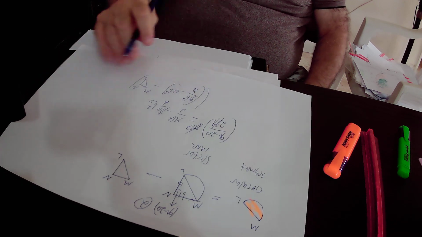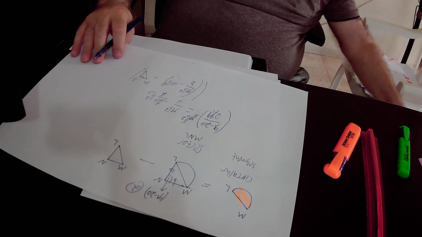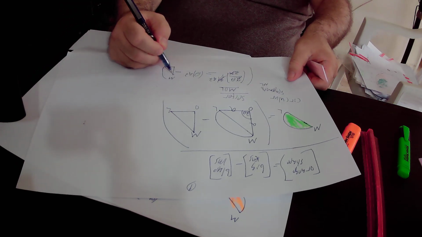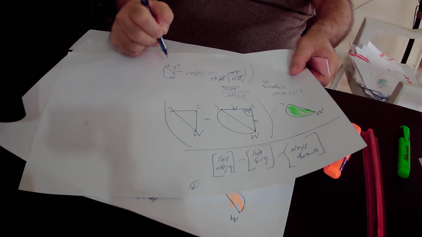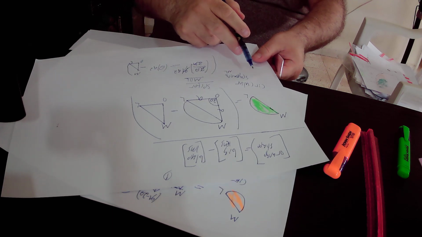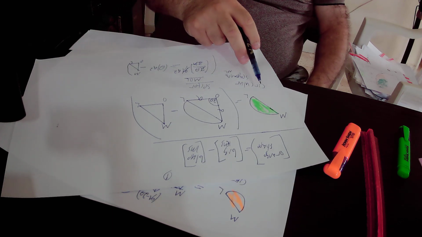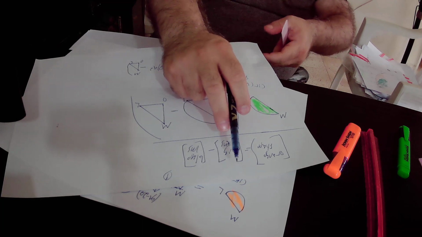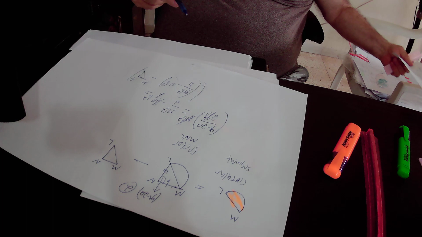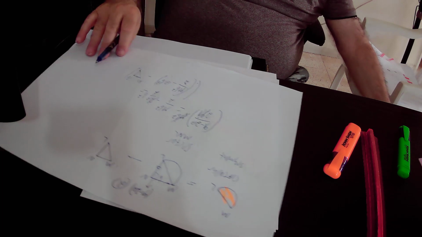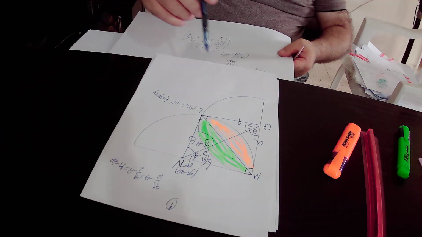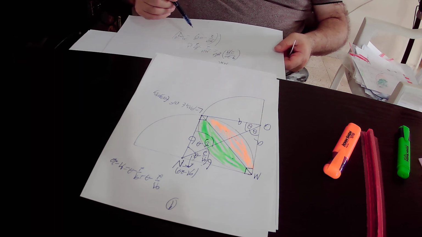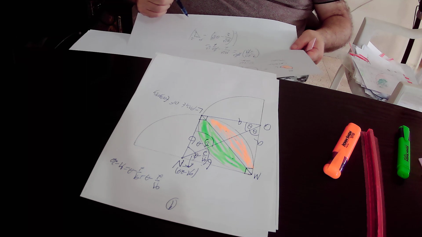And we know that the sum of the areas of the upper circular segment plus the area of the lower circular segment will give us the area of this lens. So we will add the two areas together and we will get the area of this lens.